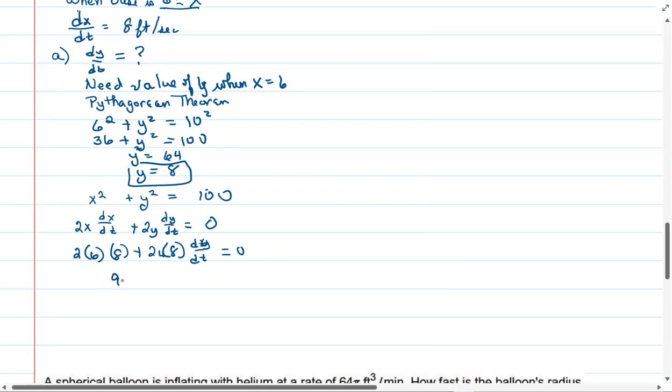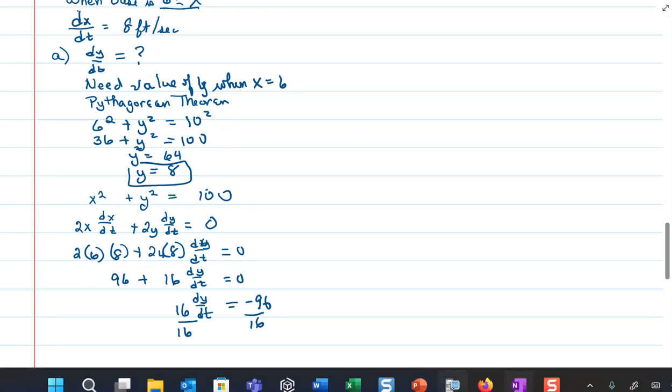Just making sure I don't make a mistake. And this guy right here is 32. I'm going to move over the 96. Oh, it's 16, sorry. I saw a 4 right there. I don't know. Some days. Sorry about that. So I'm going to have 16 dy/dt equal negative 96. I'm going to divide by that guy. And I should get a concrete value if I did the problem right.